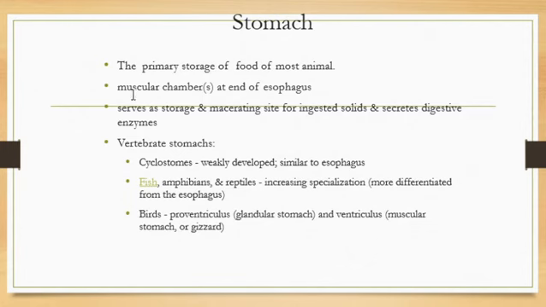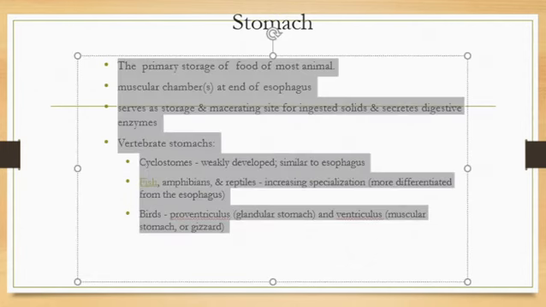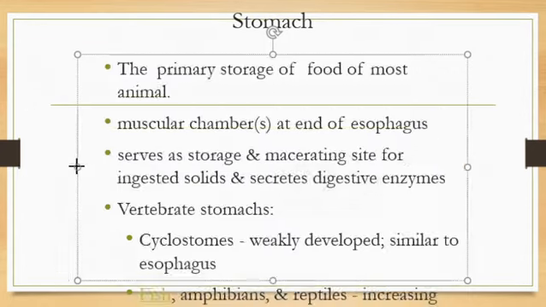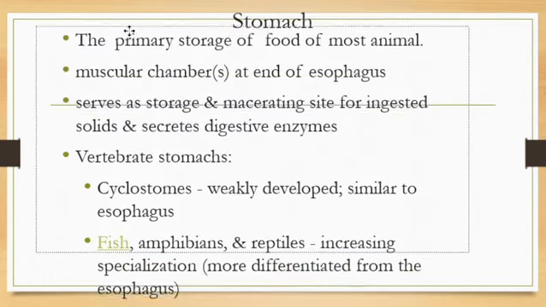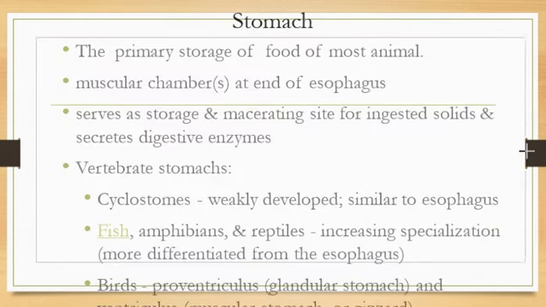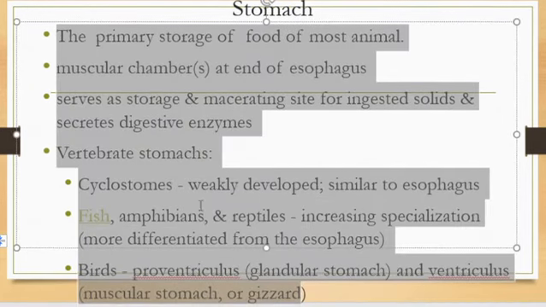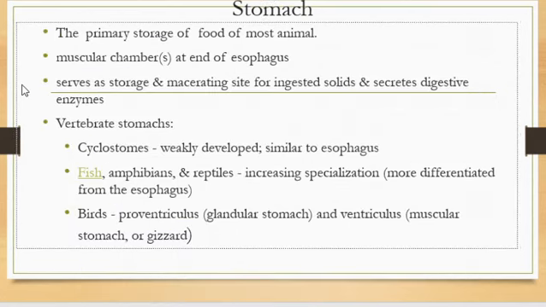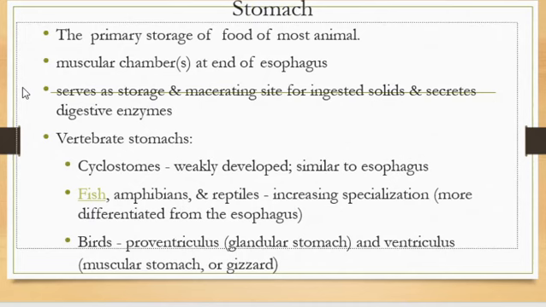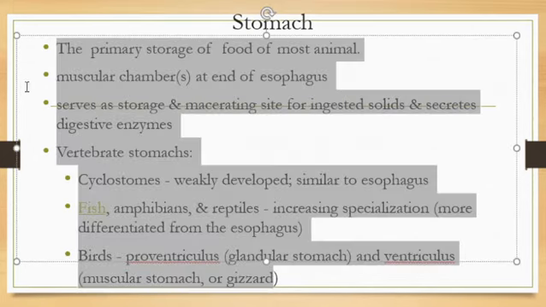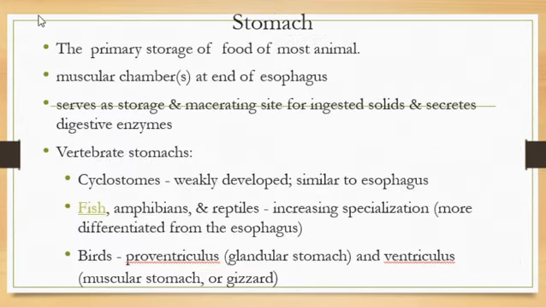So let's have the stomach. Okay, we have to enlarge the text. The stomach is the primary storage of food in most animals. This is the area where protein is initially broken down, but no digestion of carbohydrates.